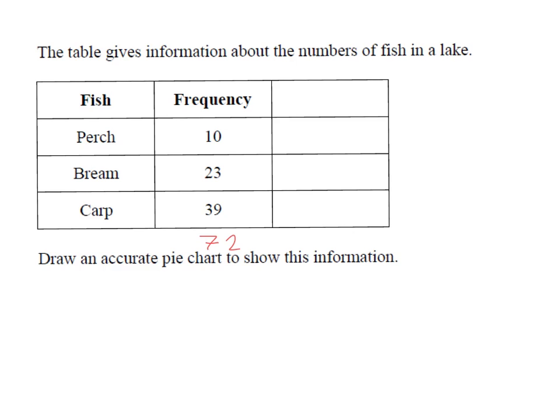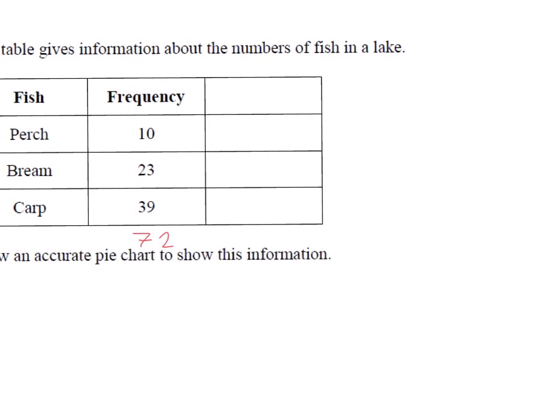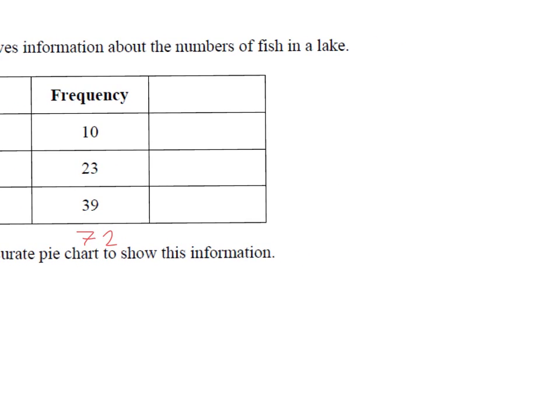If there's anything that will prevent you from going forward, it's the next step. What we do is, if our pie chart represents 72 fish, you have to work out what one fish is in terms of degrees on your pie chart.